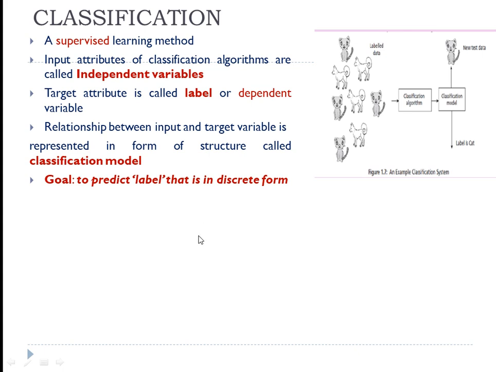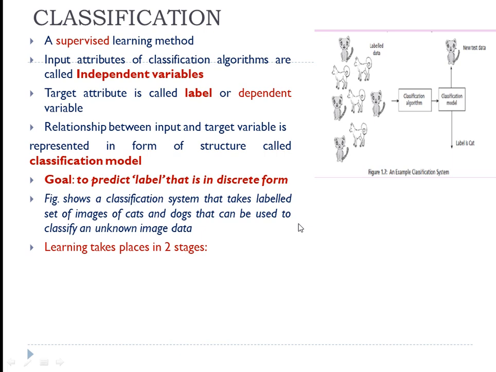So the goal of a classification problem is to predict the label in discrete form. Why do I say discrete? Because it can be 0 or 1, it can be cat or dog, it can be setosa, virginica or versicolor.